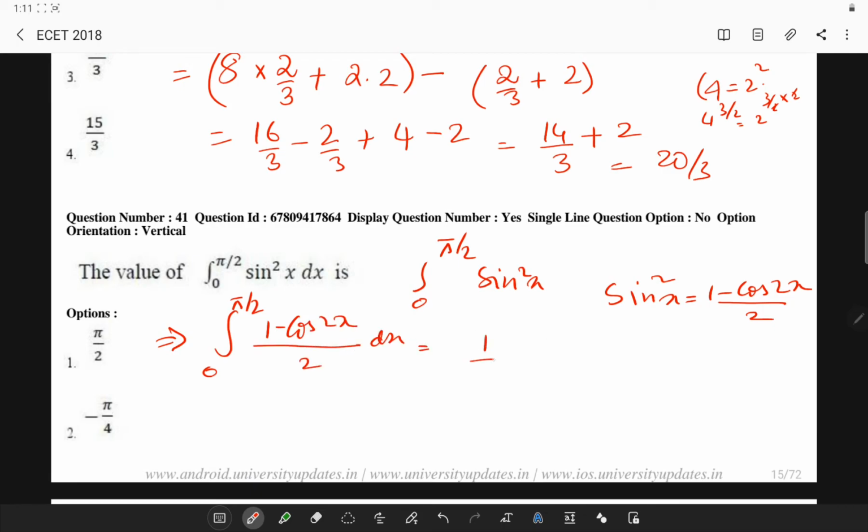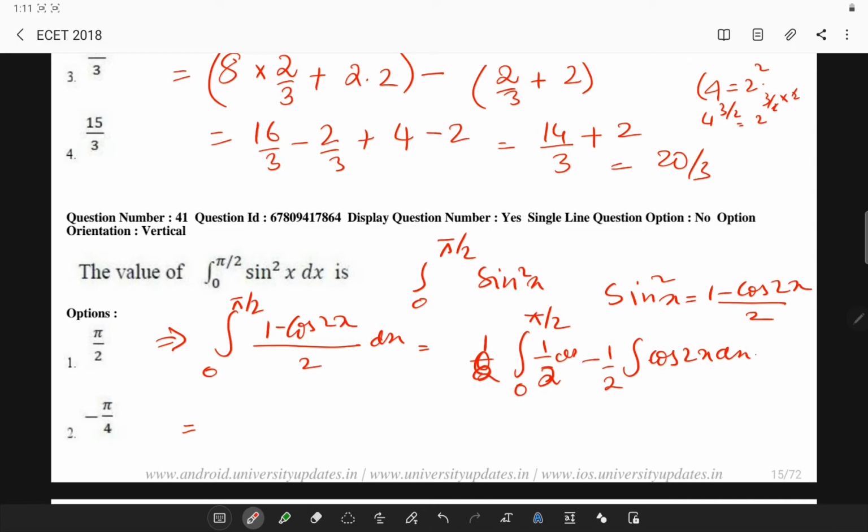So it is again 1 by 2, taking 1 by 2 common, the integral from 0 to pi by 2 of dx minus the integral of cos 2x dx.